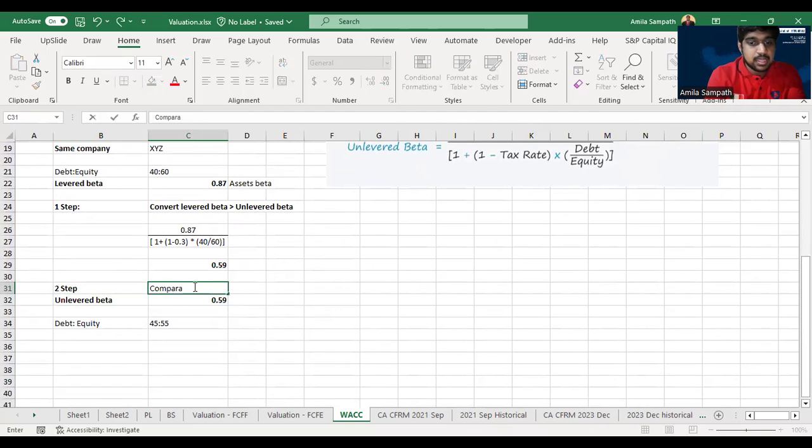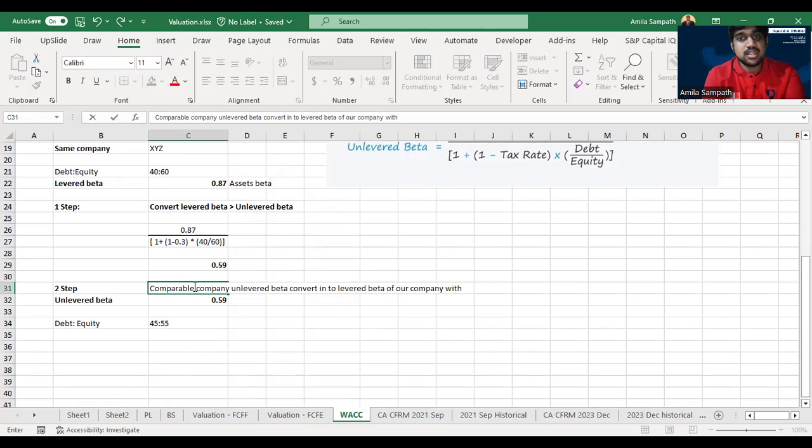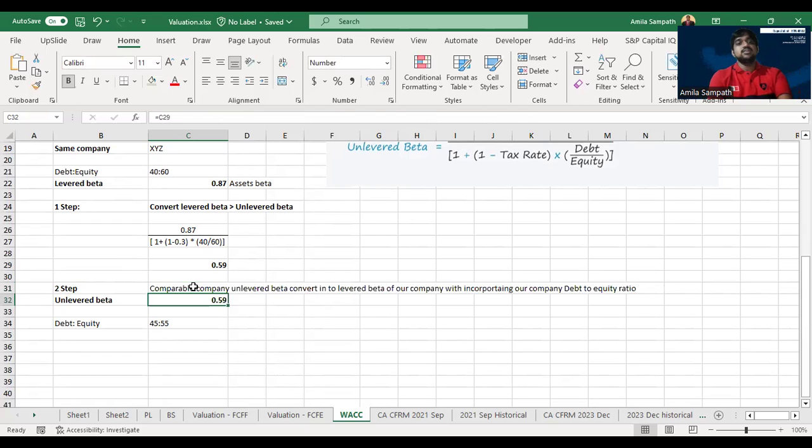We convert the comparable company's unlevered beta into the levered beta of our company, incorporating our company's debt to equity ratio. This is our second step.